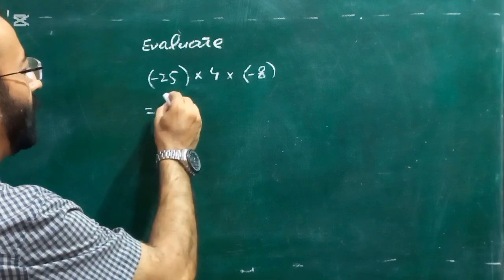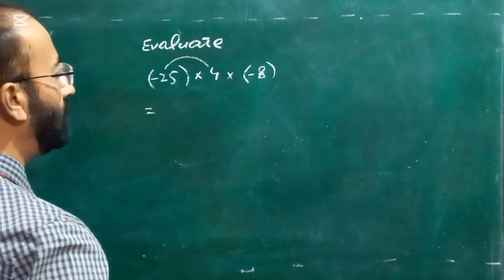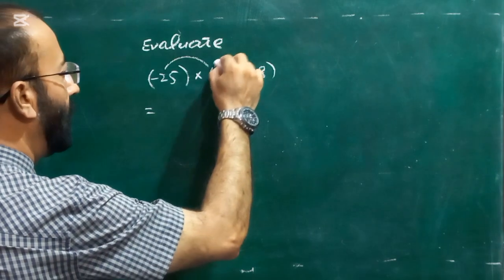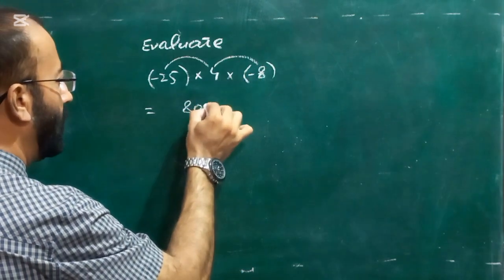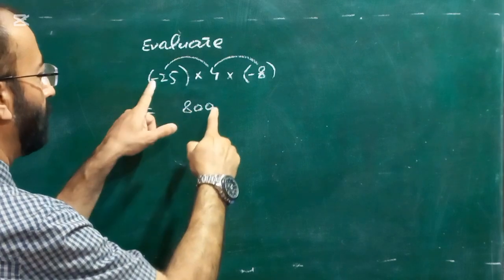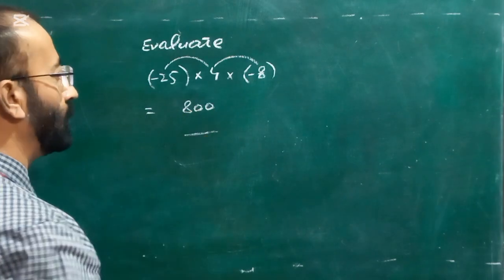First thing, now we are going to multiply the values. So look now, 25 4s are 100 and 100 8s are 800. So 800 is the answer, and because minus minus makes the answer positive, this answer is positive.